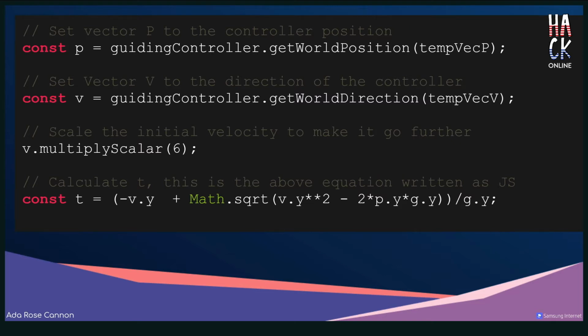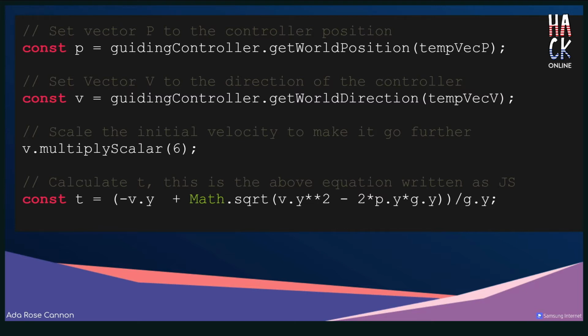So our starting velocity, we can get from the direction the controller is pointing, which we can work out from Three.js. This is a unit vector, so it's effectively 1 meter per second, which isn't very fast. So I'm going to multiply it by 6 to make it go a bit further. We've got the controller position.